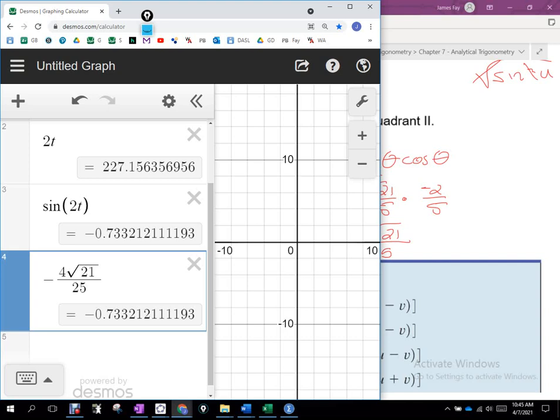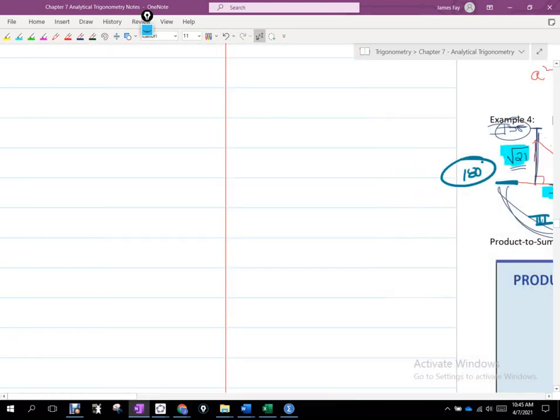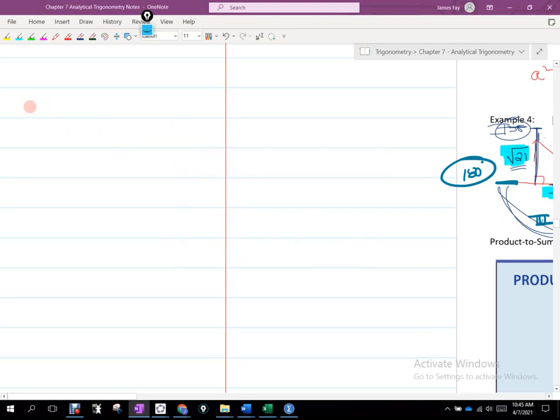Okay. We can do the same thing with half angles. So let's say we have the same situation. We'll use the same exact information. Let's say we want to find the sine of u over 2 if we know that the cosine of u is equal to negative 2/5, and we're in quadrant 2.